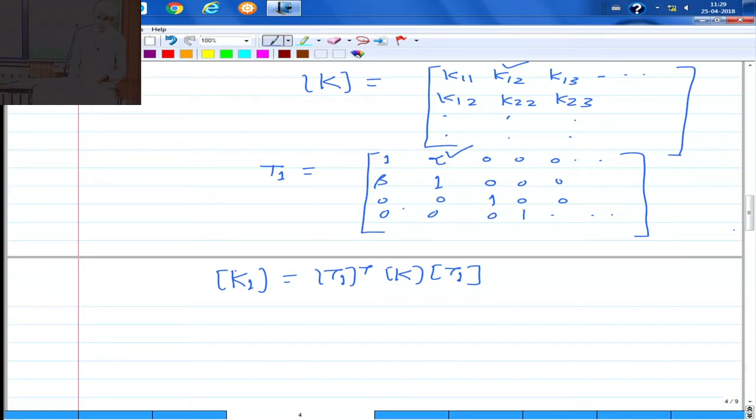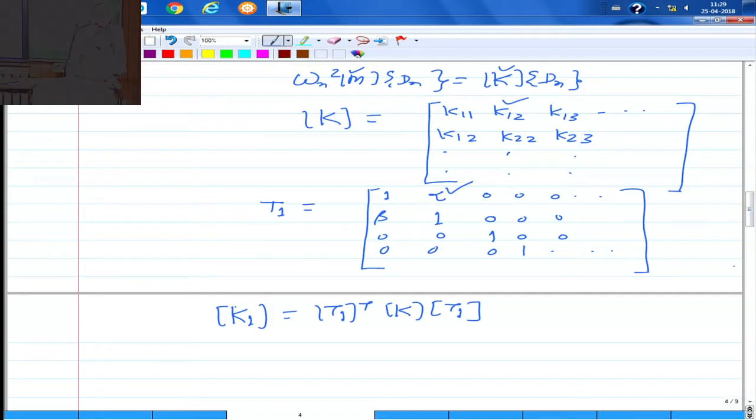Of course they would be identical because the matrix is symmetric. So even though T1 is not symmetric, when you do T1 transpose K into T1, the transformed matrix K1 is going to be symmetric.